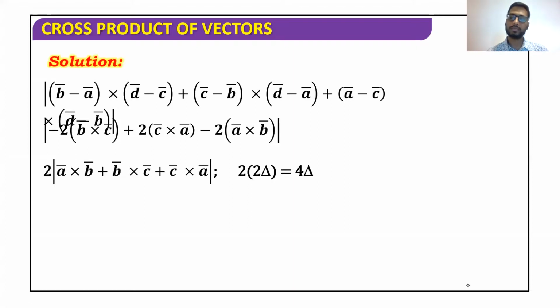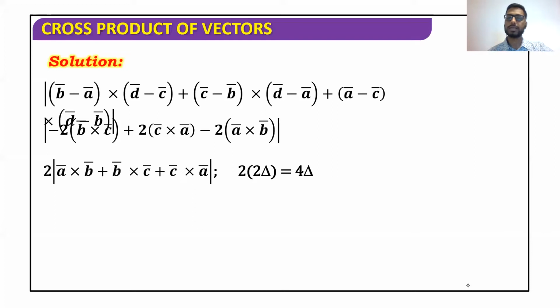So solving this type of question is very easy. All you have to do is write AB bar as B minus A, CD bar as D minus C, then take cross multiplication between the terms. Simplify. If any terms are same, cancel them out. If there are terms such as A minus B, another term is B minus A, then take minus sign, try to cancel out or try to add them.